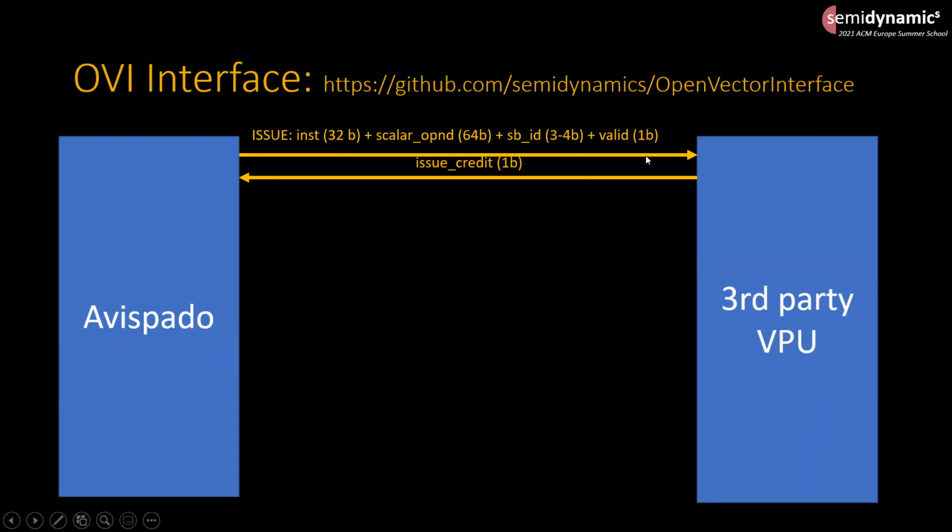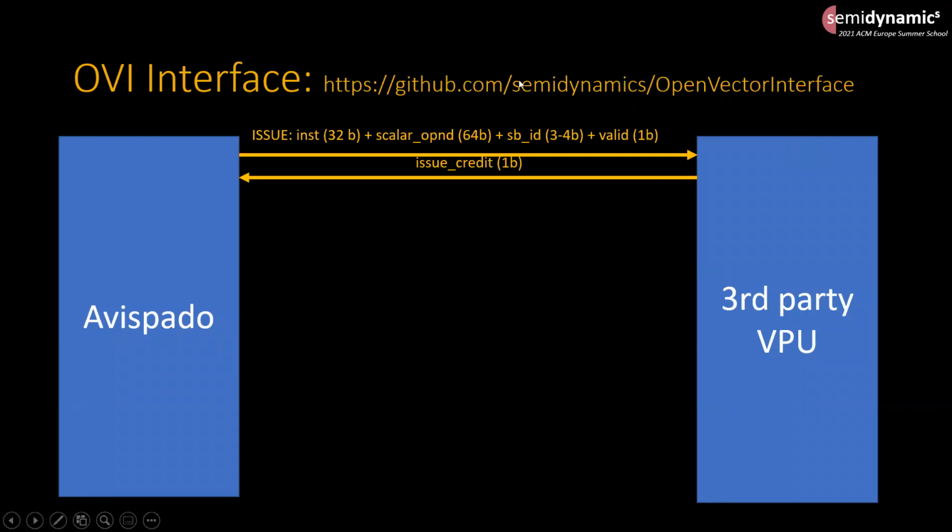So 3 bits, you could have 8 outstanding instructions, and a valid bit. And the VPU gives us back an issue credit. We assume that this thing is going to have a little queue, but you can build it without the queue. In any case, when you give us a credit, it means you're willing to take another instruction. You give us 5 credits, we'll give you 5 instructions.